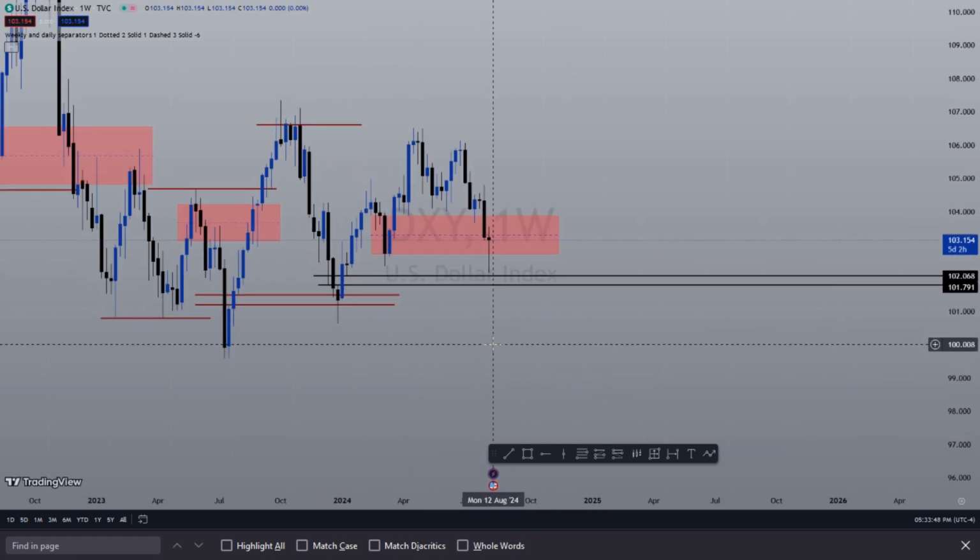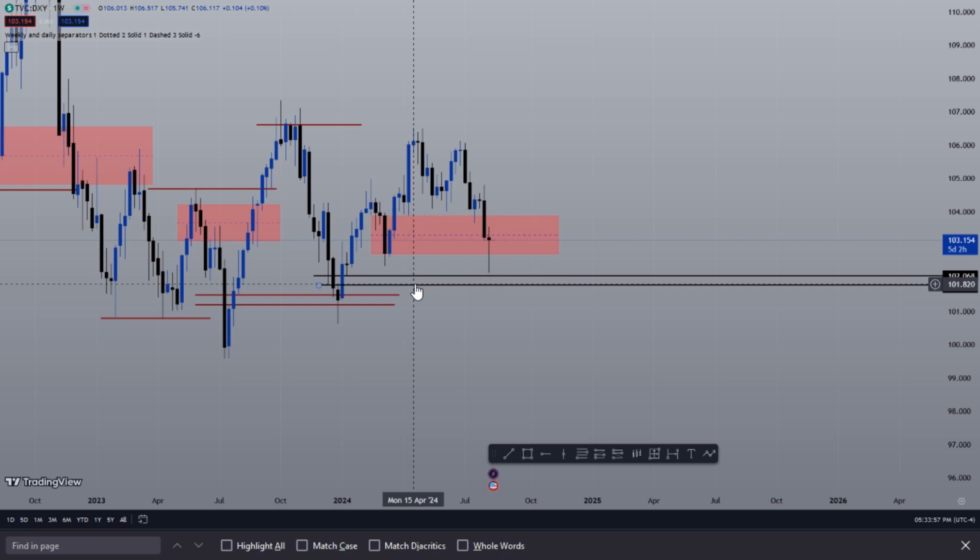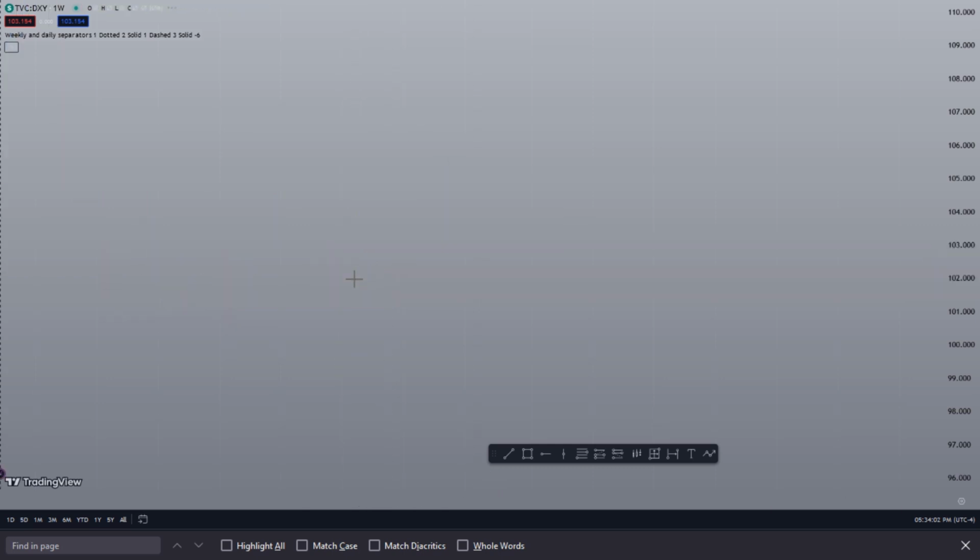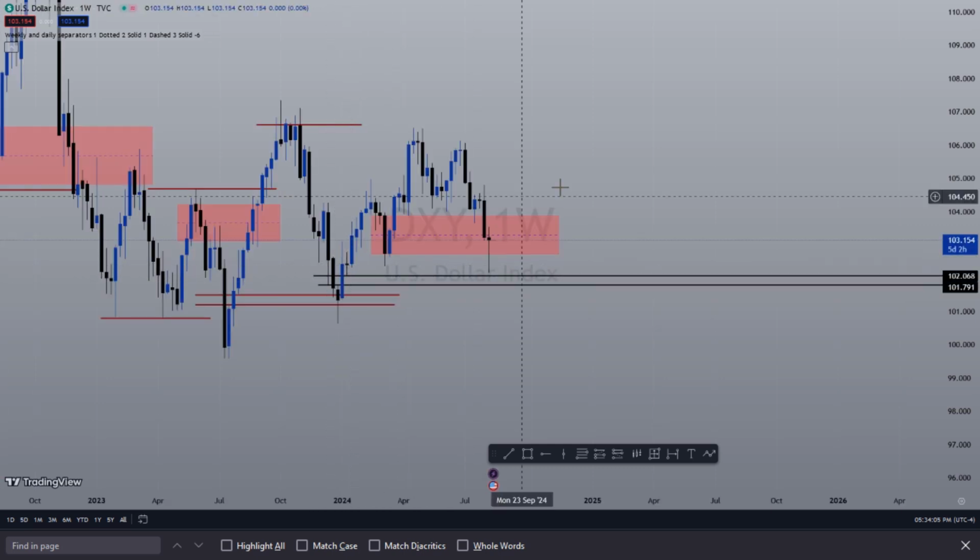So let us be aware that there is a fair value gap that exists, and that should not give us any form of fear, right? Because if this fair value gap is going to be filled as an inefficiency that will be balanced here, market is going to rally from this level coming down to balance this.